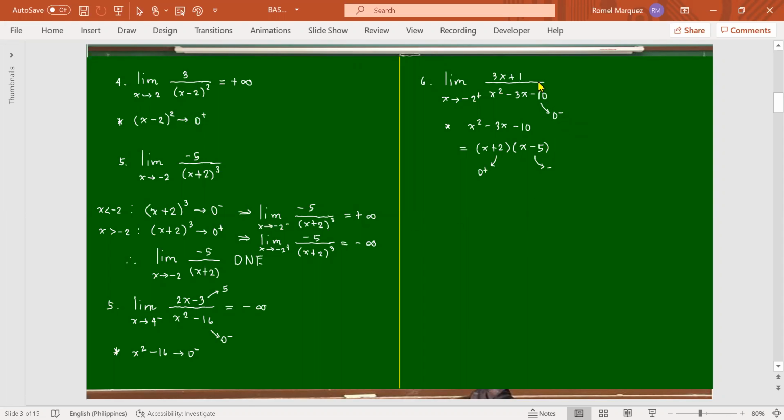And what about the numerator? 3 times negative 2, plus 1. The limit of the numerator, sorry, 3x plus 1 approaches negative 5.